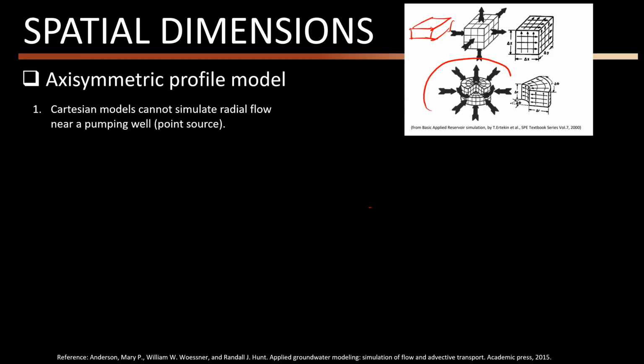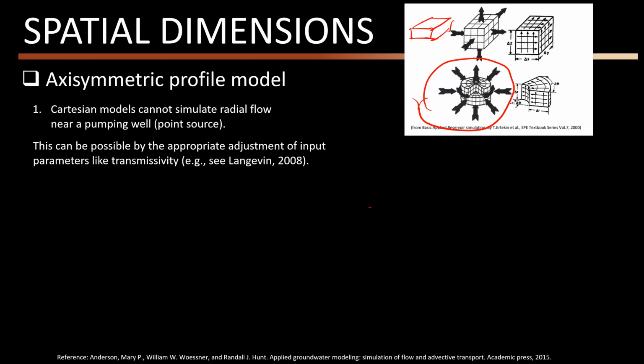When we use radial flow, if we are interested in analyzing the streamlines at points close to the well, we usually consider a radial coordinate system.